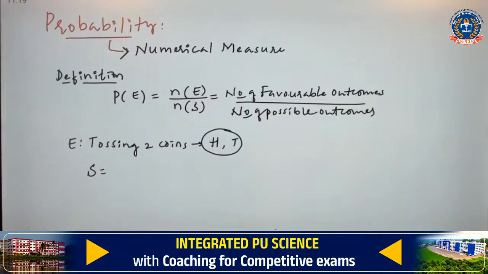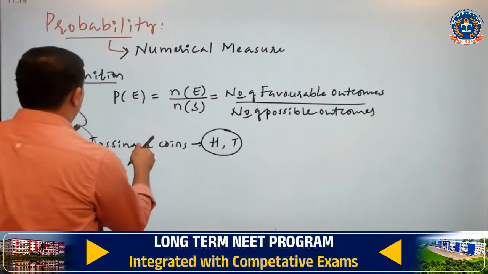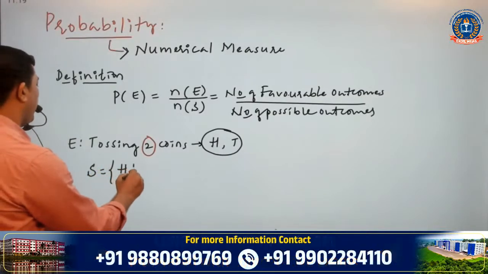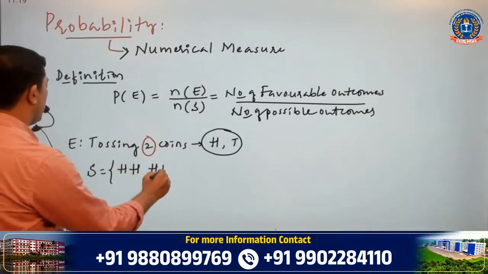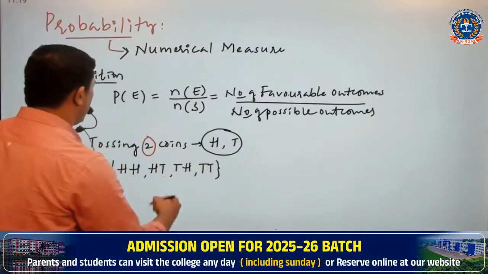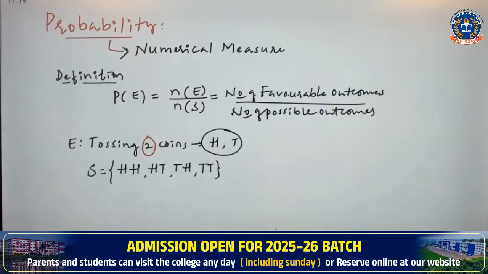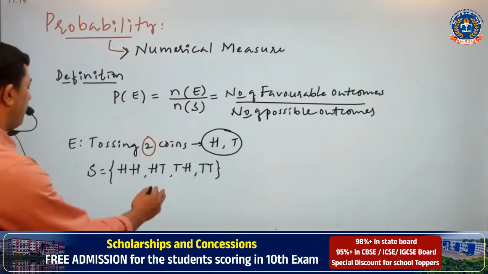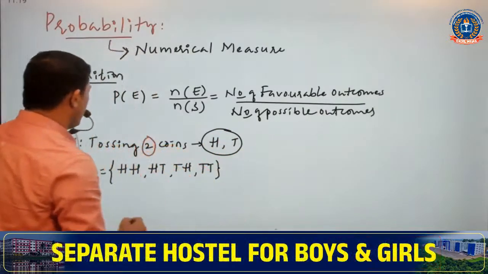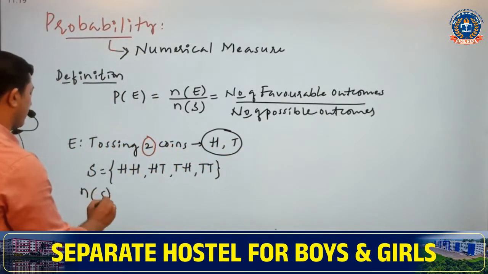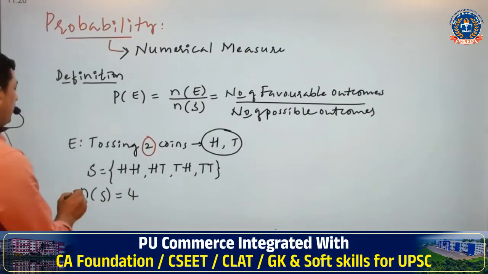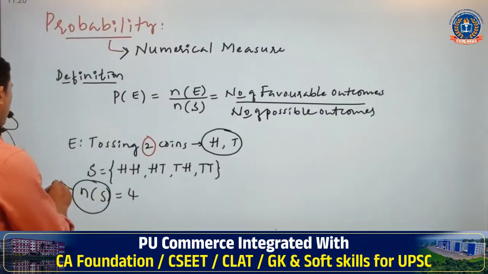But when we toss two coins, the outcomes will come like head head, head tail, tail head, and both may show tail tail. This is what the sample space means, the possible outcomes. So that's why we write n of S, and n of S is 4. n of S means the number of outcomes or number of values here.